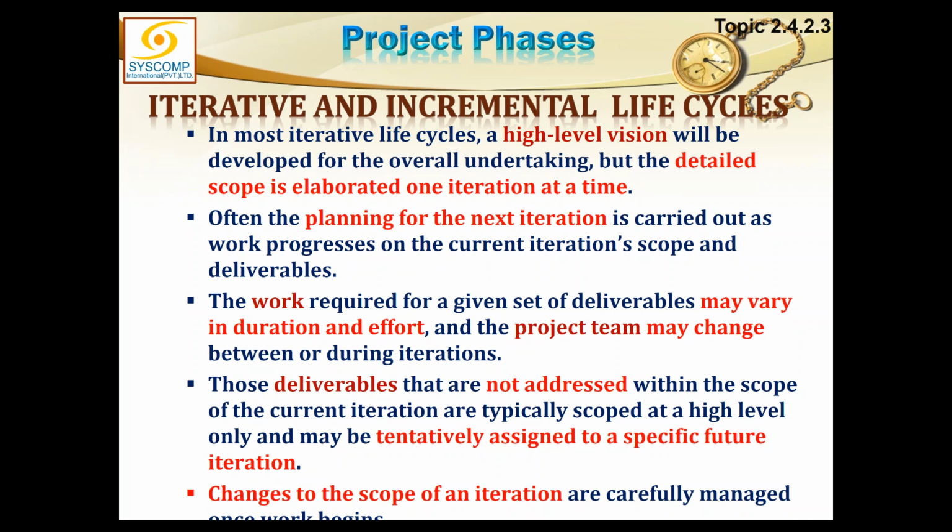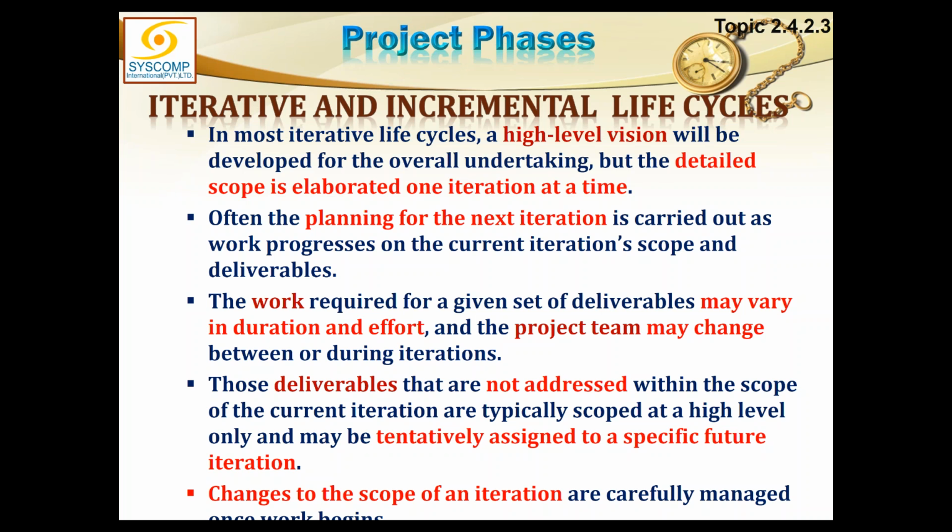So we start off with the very first phase, maybe doing some research work, and based on the result of that research work, we may decide what will be the next phase and what would be the product or deliverable of that phase. And that's how we keep moving from iteration to iteration. Often the planning for the next iteration is carried out as work progresses on the current iteration scope and deliverables. So we keep moving ahead like that.